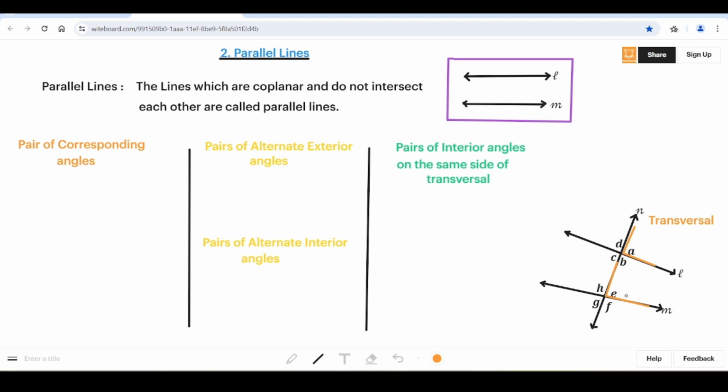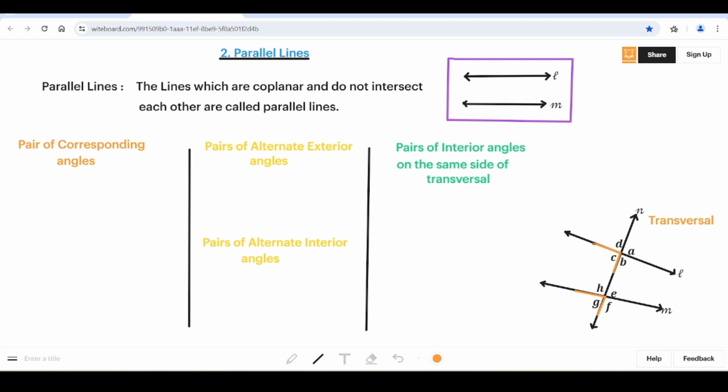Similarly, there are some different pairs of corresponding angles also. The next pair of corresponding angles can be angle G and angle C. They are from the downside, but they are pairs of corresponding angles, right? Now you have got the concept of corresponding angles.